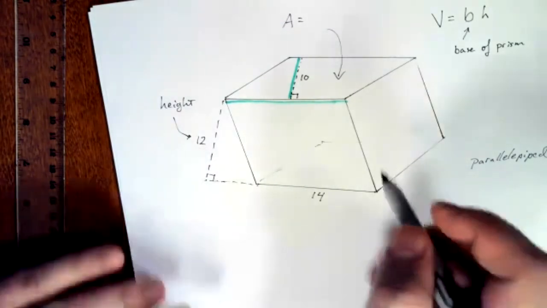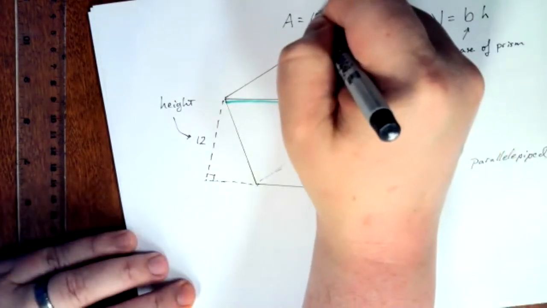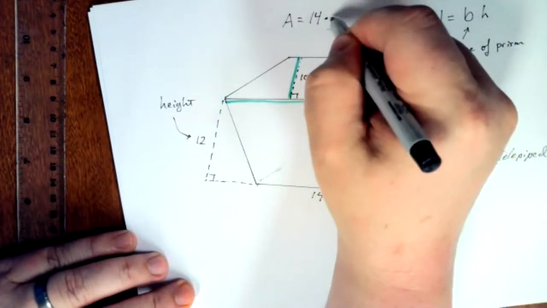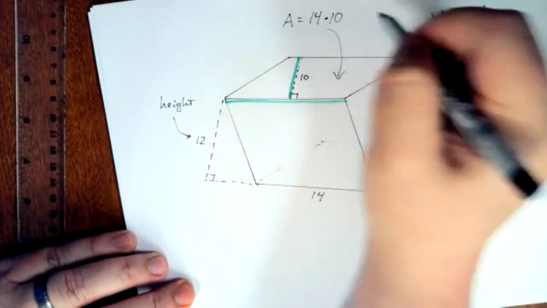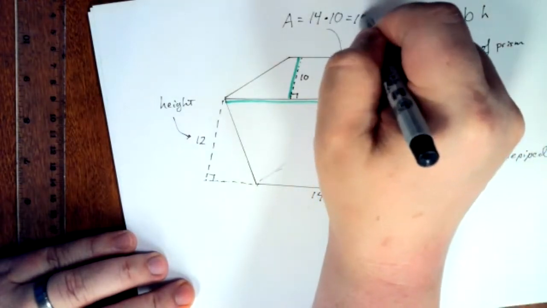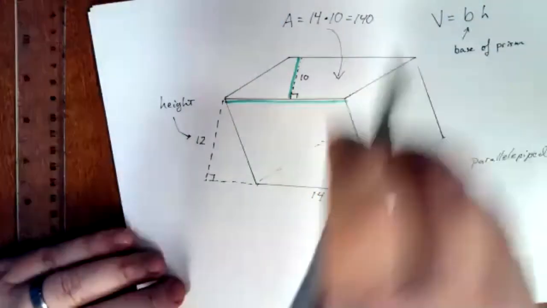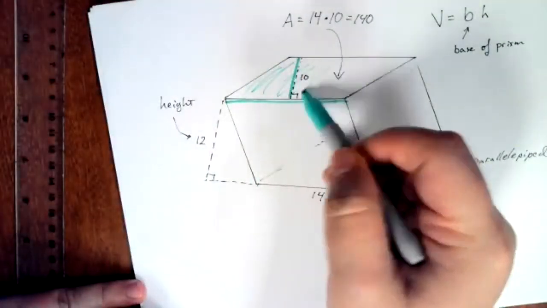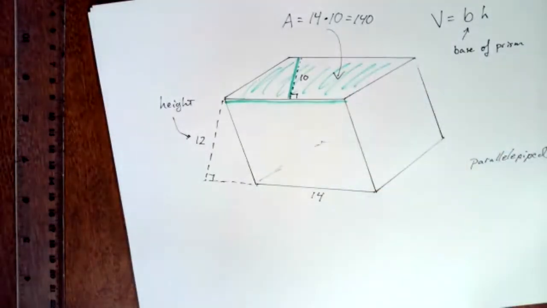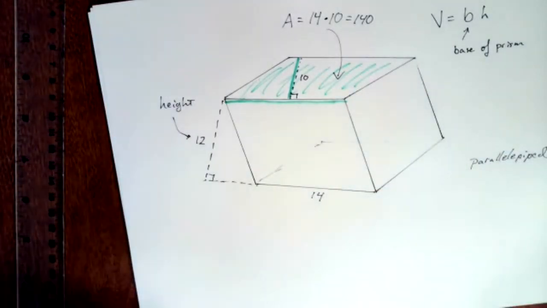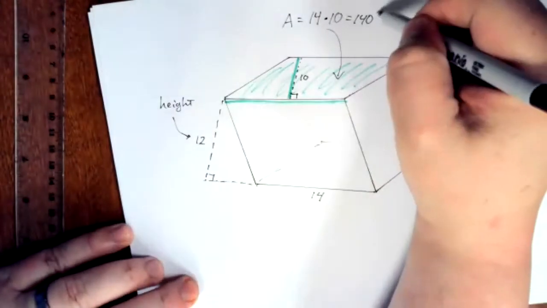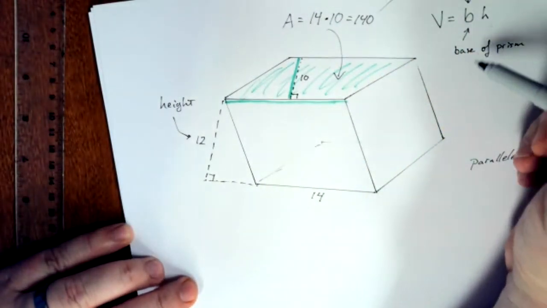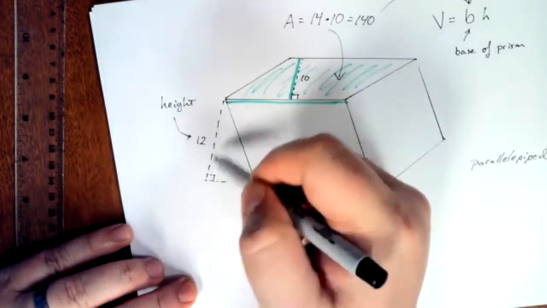Right, 14, good. So 14 times the height of this parallelogram, which is 10. So this is 140 for that one. And so that is the base of my prism. And now I need to multiply that times the height of my prism.